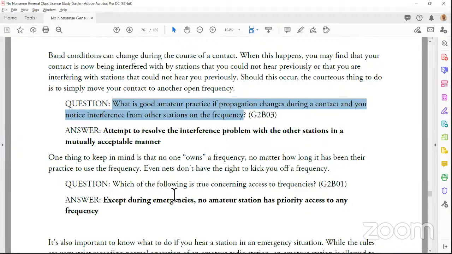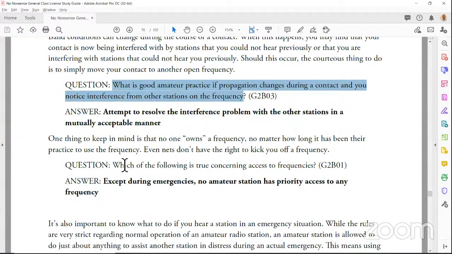So that's what they're asking about. What should we do? What is good amateur practice if another station starts causing us interference? Of course, we say courtesy is contagious, so that's the courteous way. Attempt to resolve the interference problem with the other stations in a mutually acceptable manner. Next question.